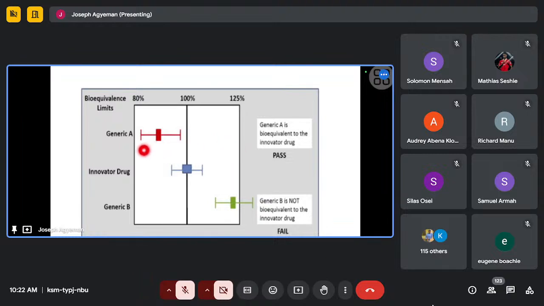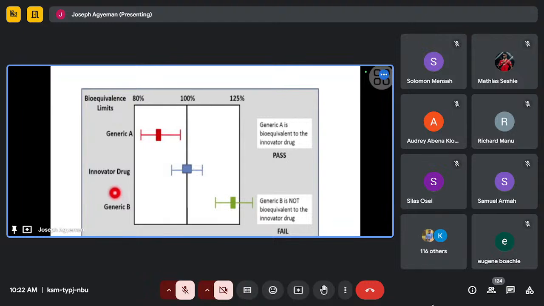We can see that the full length of the red drug is within the range. As compared to the green drug, you can see that this arm has gone above the upper limit of 125. And therefore, we can conclude that since the red drug is within the range, it is bioequivalent to the innovator. But since the green one has gone beyond the upper limit, it can be said not to be what? Bioequivalent. You could have it also going below. The same thing will be the conclusion.